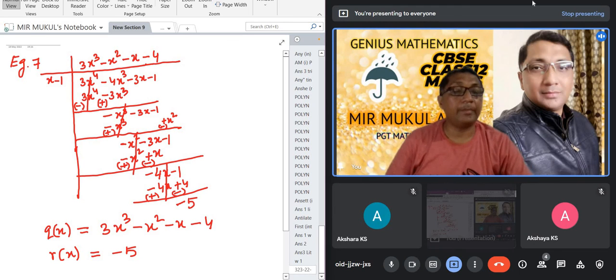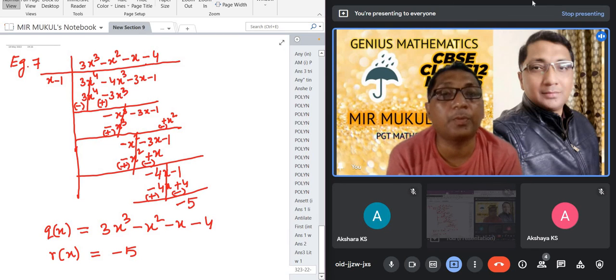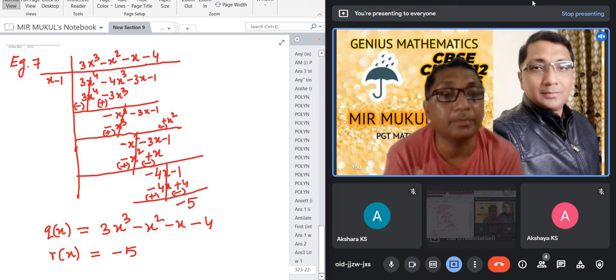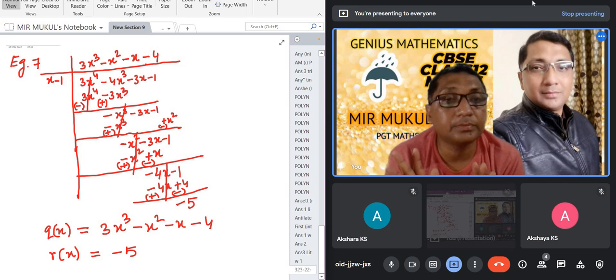So in the exam, if the question asks to divide two polynomials, then you show the long division method. If in the exam they ask to find the remainder, then no need to show the long division method. We'll use the factor theorem. Got my point?